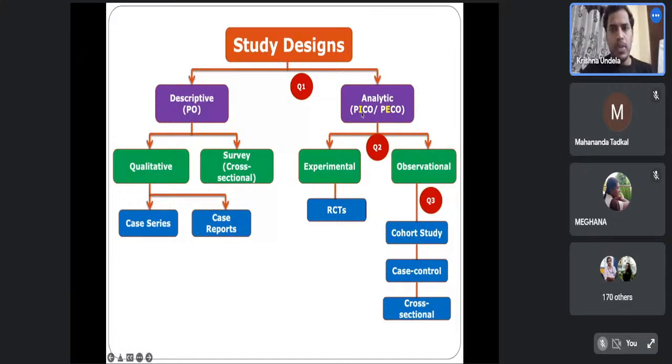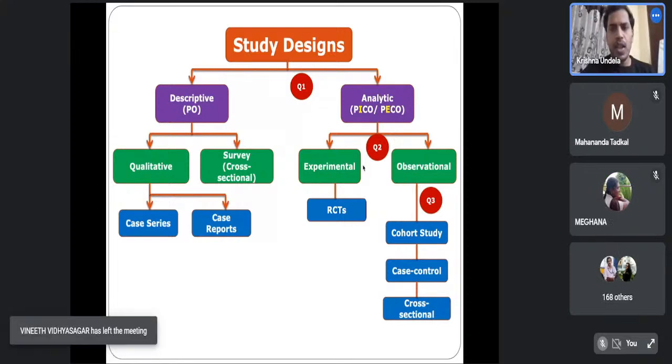So PICO, hope you have heard of PICO: population, intervention, comparison, and outcome. Intervention usually comes under experimental. It does not come under observational. That's the reason we have replaced I with E. So here the E indicates exposure: population, exposure, comparison, and outcome. Exposure will be there in case of observational. Intervention will be there in case of experimental study designs.